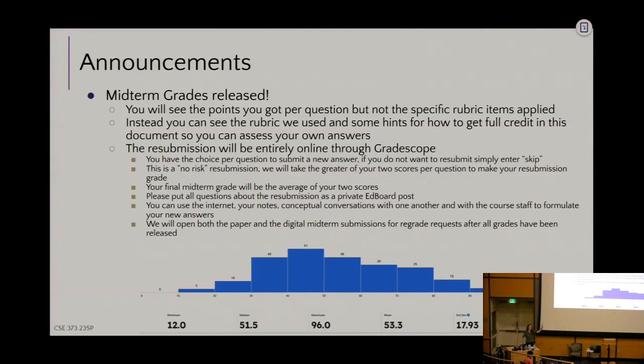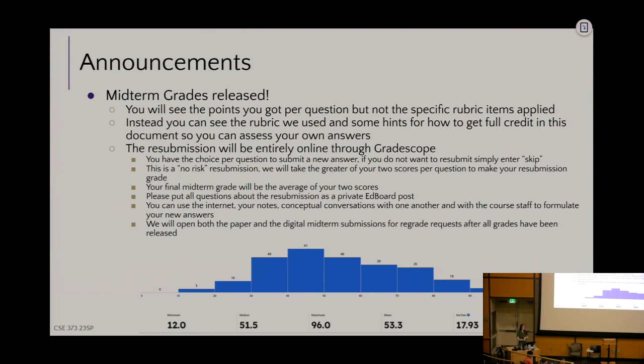So I will admit, our goal was to make these questions complicated enough that it's worth you doing them twice. There's no reason for me to give you a simple exam and then you just spit back out to me what you did wrong to resubmit it. So now that you have your grade, remember that the way the resubmission works is that there is an online submission.